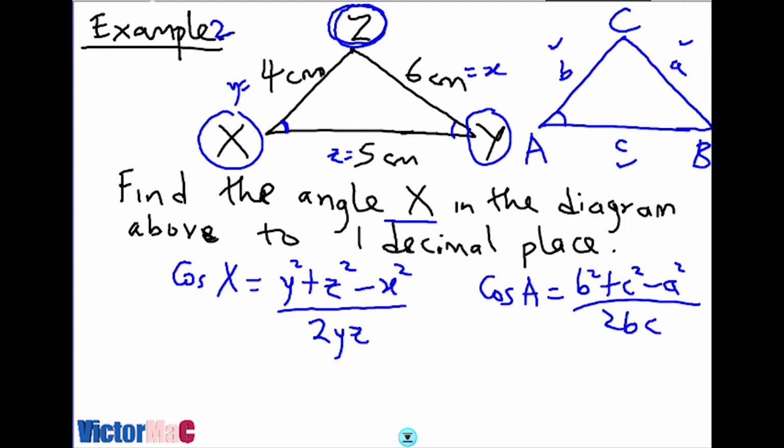Alright, so the question says find the angle x in the diagram above to 1 decimal place. So let's substitute our values.